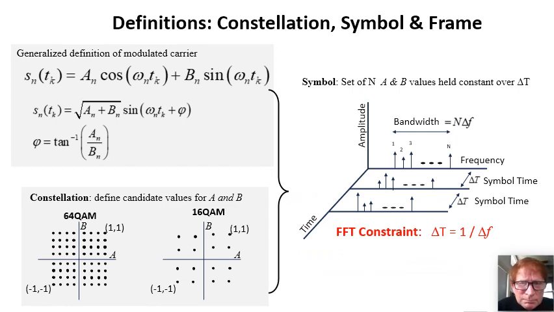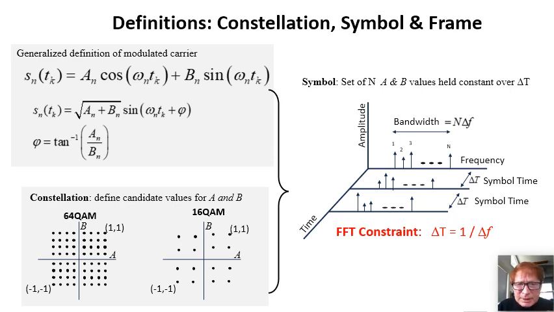The waveform at the receiver is digitally sampled, and an algorithm is applied to the samples in order to decode or demodulate the information that is pointed to by the A and B pair. For the FFT algorithm, we must complete the sampling of the summed multi-carrier waveform at the receiver before we can begin to process these samples.